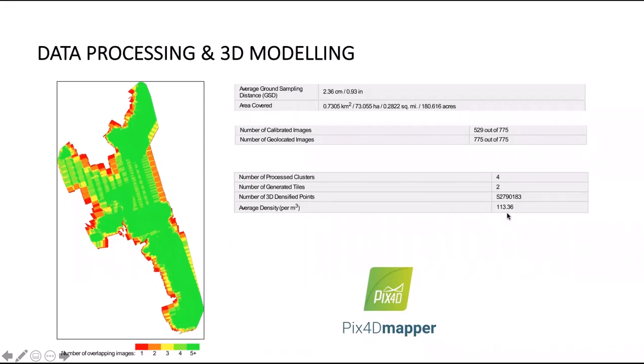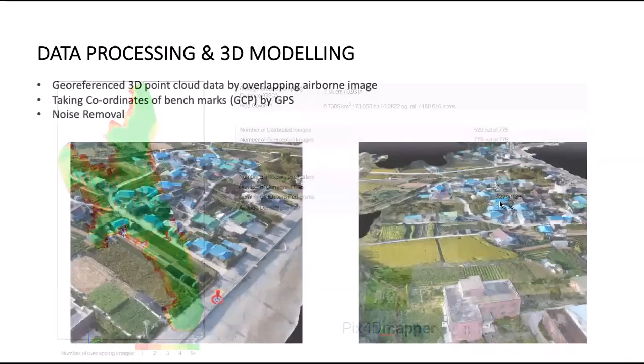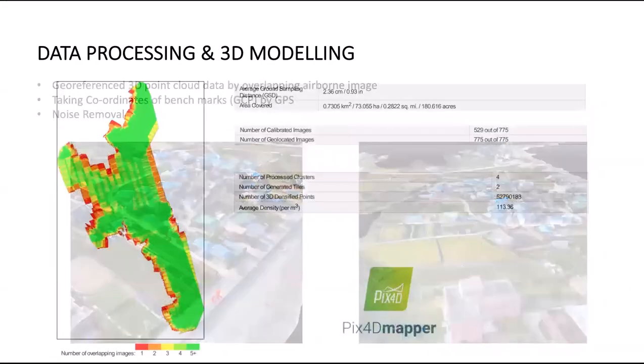So imagine, in 1 cubic meter, you have 113.36 points. So you know the XYZ of that point. You can improve it depending upon the performance or efficiency of your computing and machines. Okay, and a total of 52 million densified points has been generated.